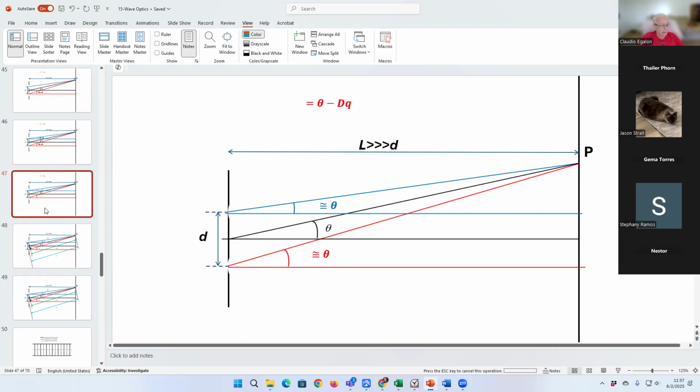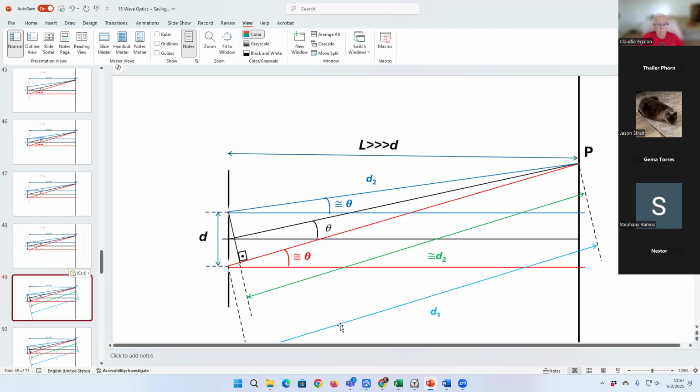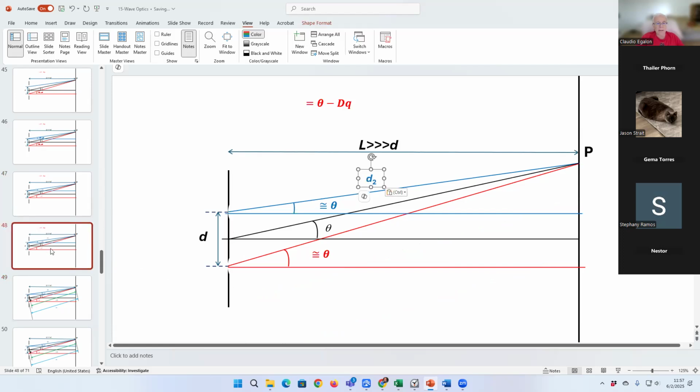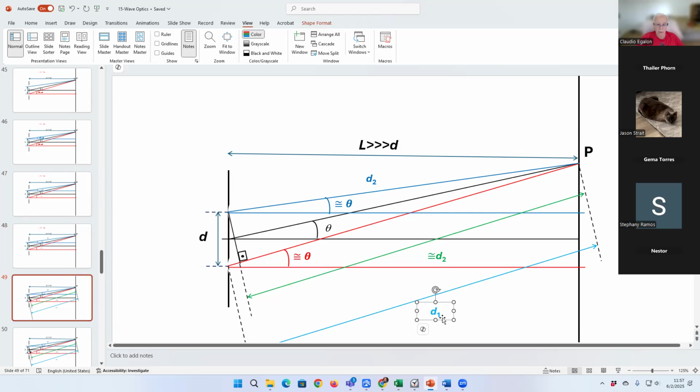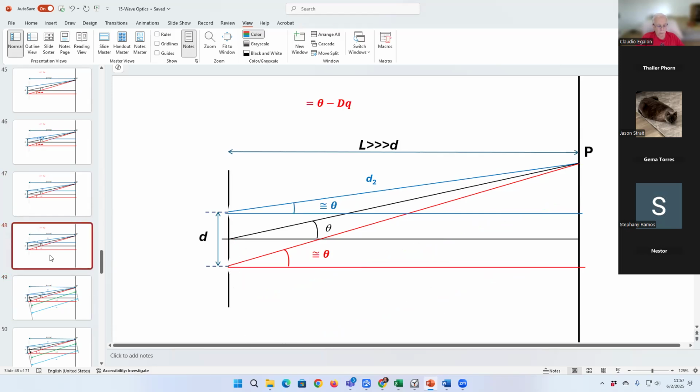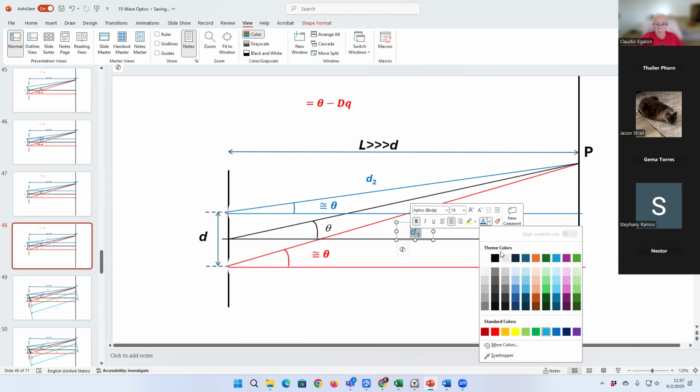And that's what I did here. Make sure that the drawing doesn't become too crowded. We're increasing the crowdedness of the drawing by making one slide after another one. So here you go. I'm gonna call this one D1, but it has to be a red color.